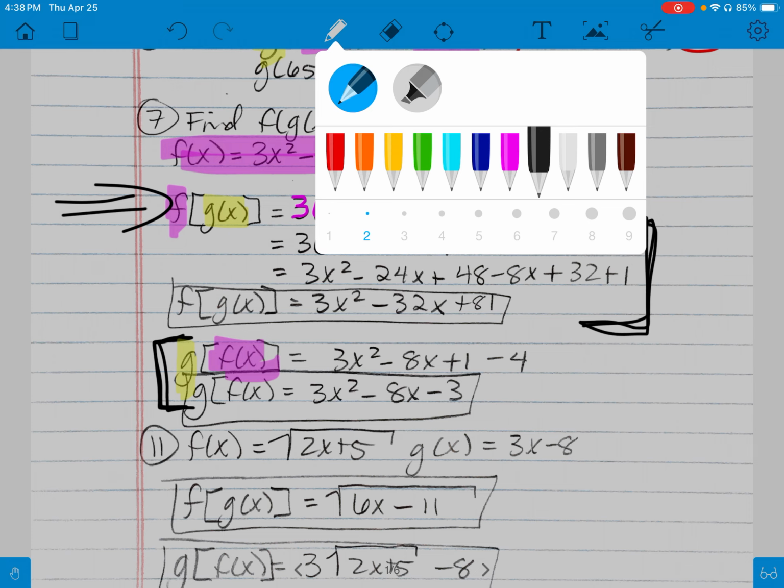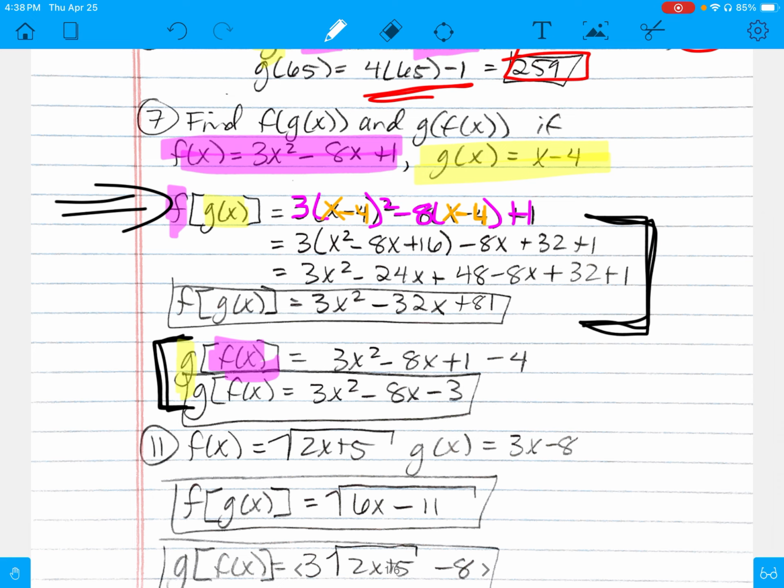So we have 3x squared minus 8x plus 1, that is the f of x function. That's being put in for the x in g. And then we're subtracting the 4.